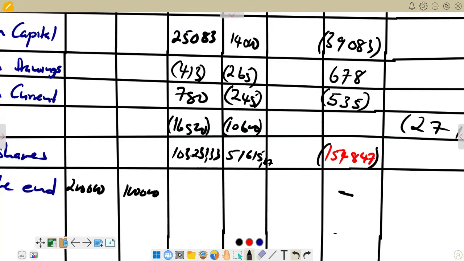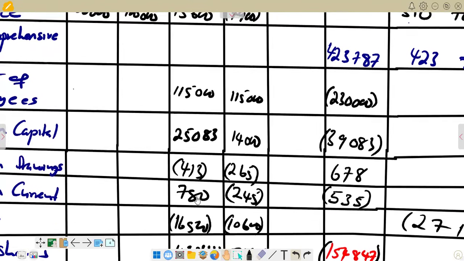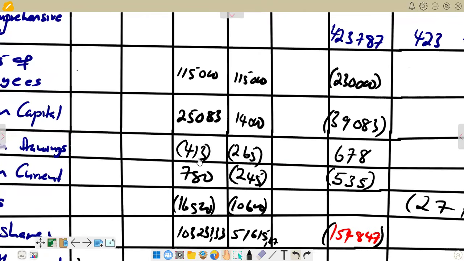Then here you are supposed to calculate net balance. Come here, you see that at the beginning, we have 15,600. So we're saying 15,600 plus 115,000 plus 25,083 minus 413 plus 780. And then you subtract 6,000 and 16,500.